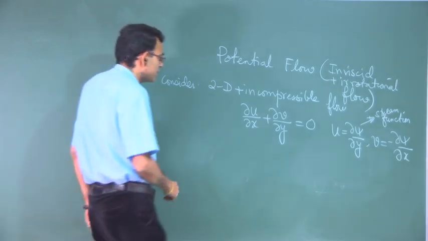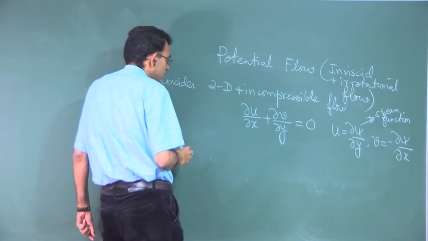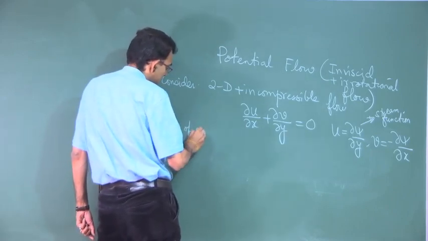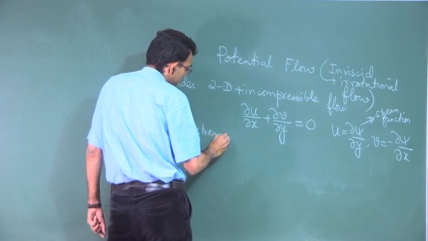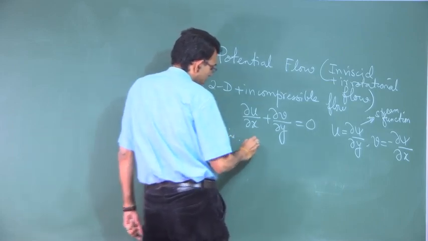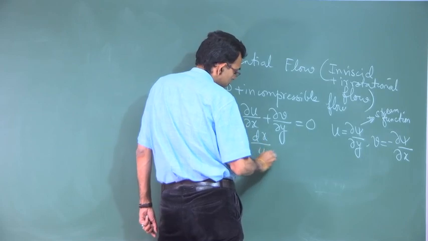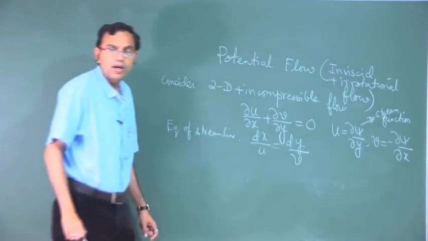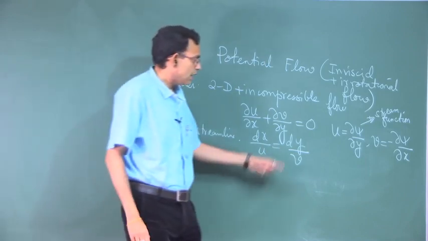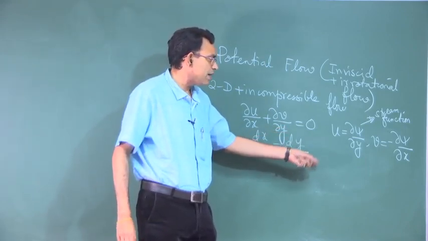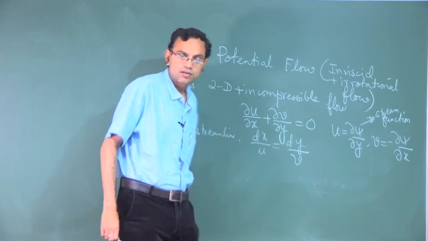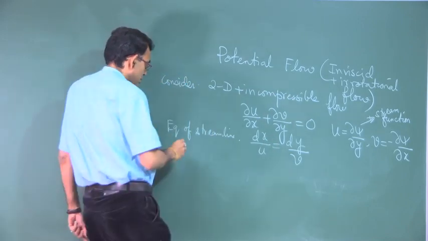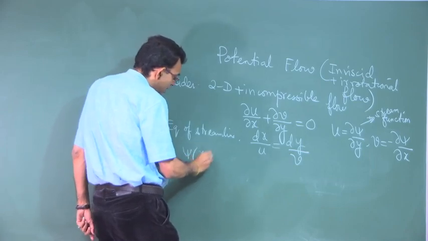So, how do you know that? So, you recall that the equation of streamline is dx by u equal to dy by v. I am not going to dz by w because it is a two dimensional flow. So, now psi is a function of x and y.